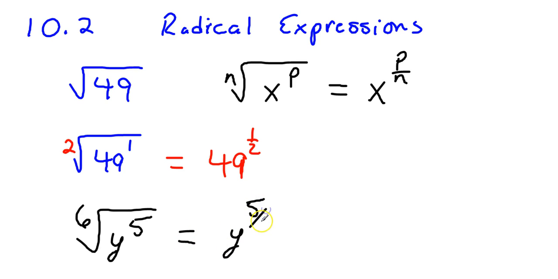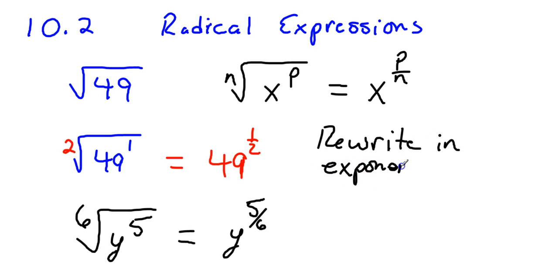If they ask you just to rewrite it in exponent form, then again, whatever power you have on the inside, take that power and divide it by the root that's on the outside. And again, if there's not a power there, like we have with the 49, then you just assume that's to the first power.